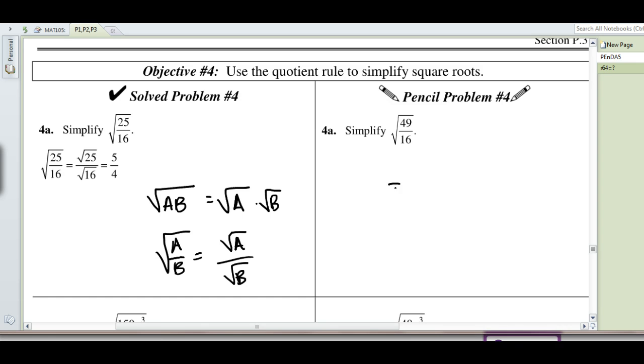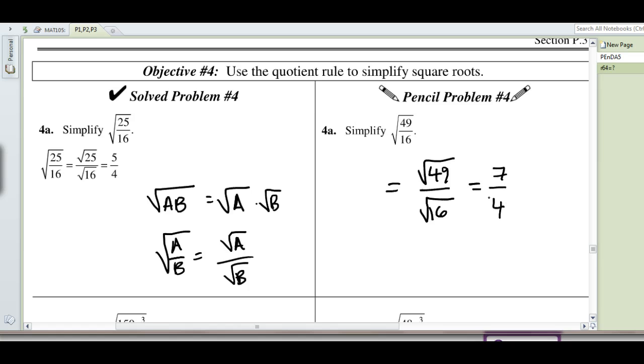So we can write the square root of 49 over 16 as the square root of 49 over the square root of 16. So remember that 7 times 7 equals 49, and 4 times 4 equals 16. So this is just going to simplify to 7 over 4.